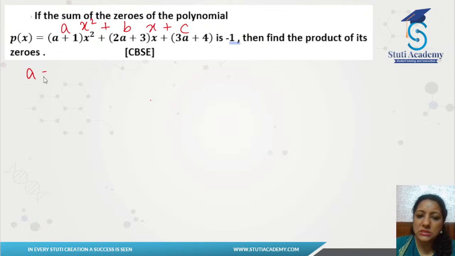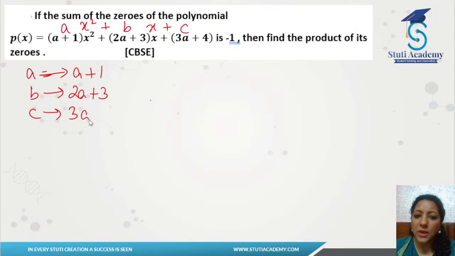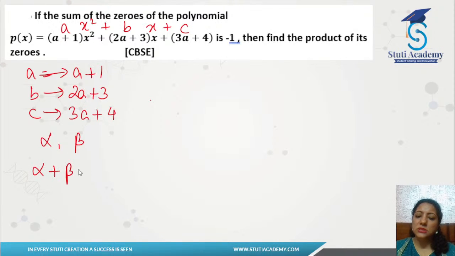So, from here we can see that a is actually a plus 1, b is 2a plus 3 and c is 3a plus 4. Let us take the zeros as alpha and beta, and it's given to us that the sum of the zeros of the polynomial is minus 1. So alpha plus beta is minus 1. We have to find the product of the zeros.